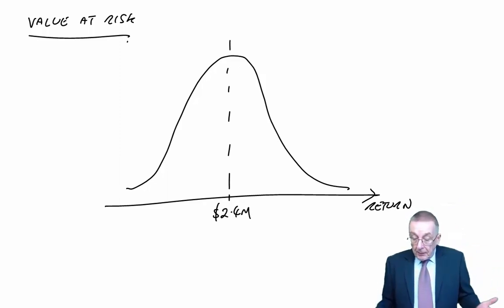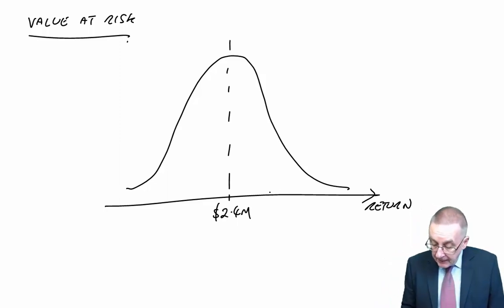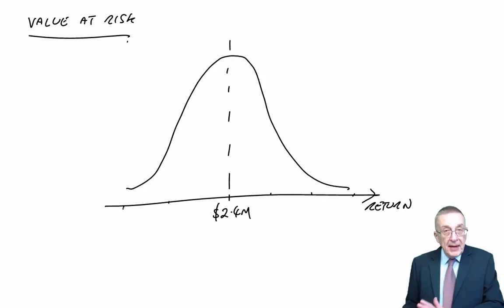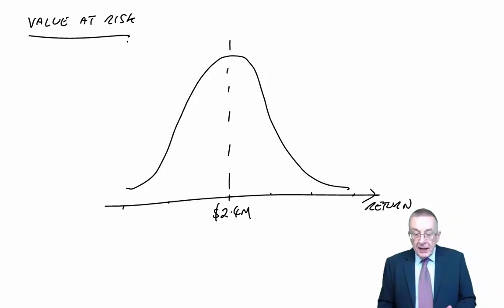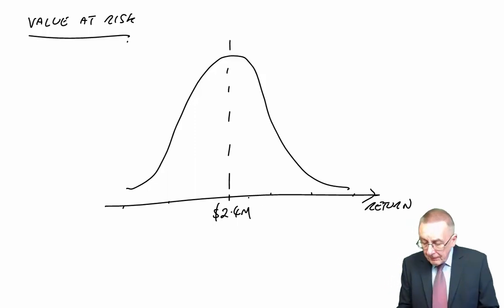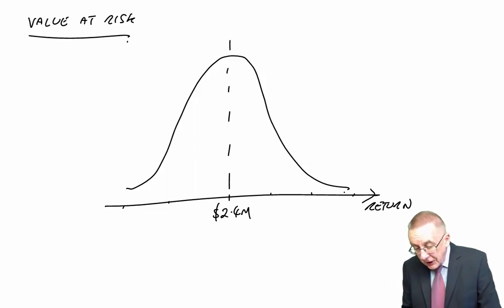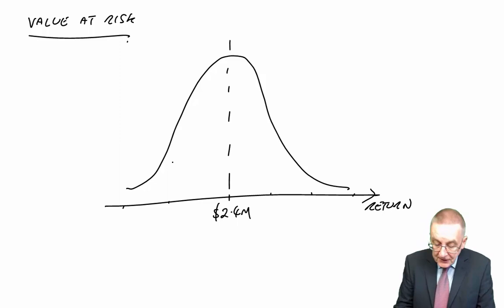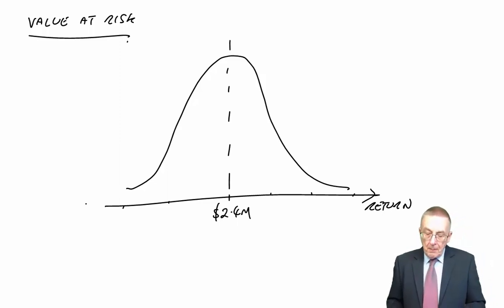But there's a probability of the return being anything. It may be 3 million, 4 million, 5 million. It may be 2 million, 1 million. It may be higher, may be lower. But the reason the curve falls is it gets less and less likely as you get higher and higher, and similarly as you get lower and lower.